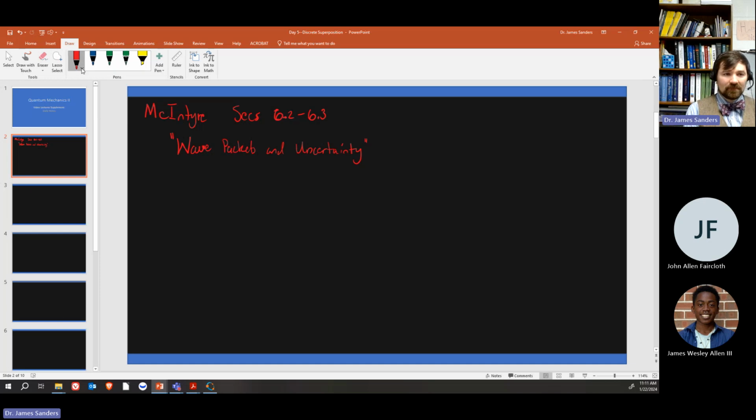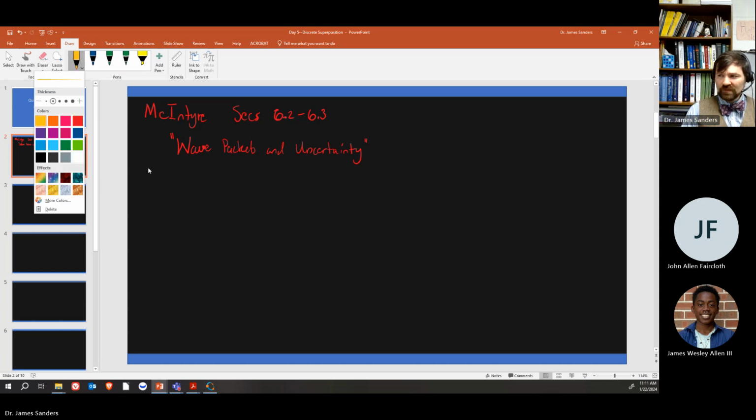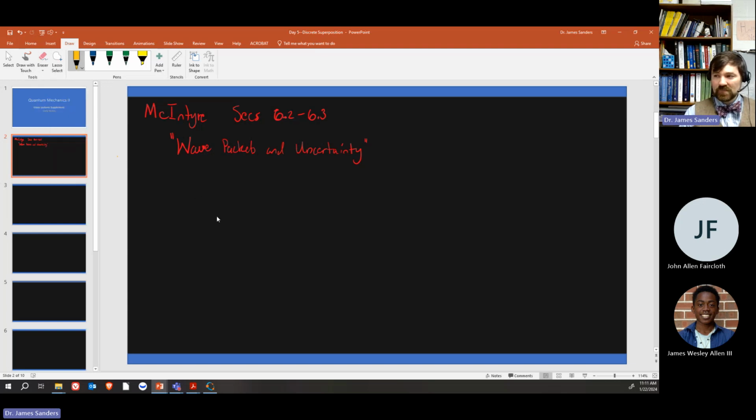Okay, so as a simple preliminary example or paradigm, with no pun intended, as a reference to this textbook, let's consider a discrete superposition consisting of 3 pulses. So consider 3-pulse discrete superposition.